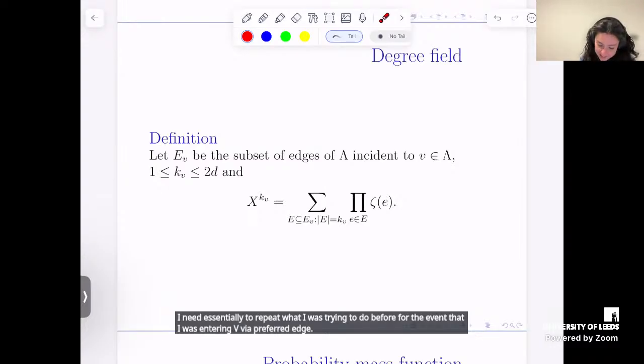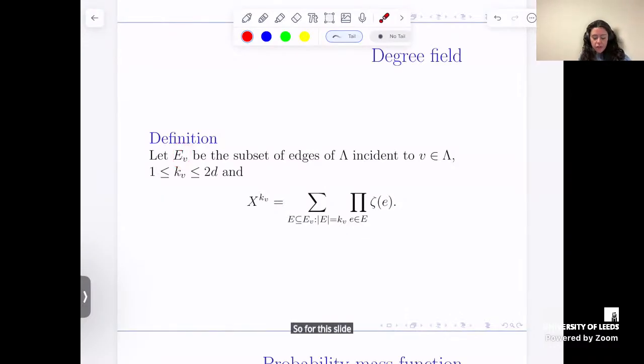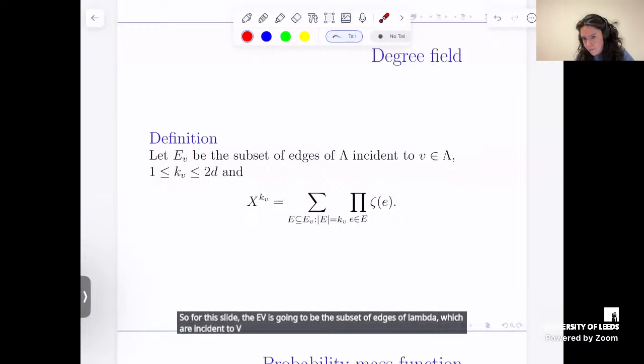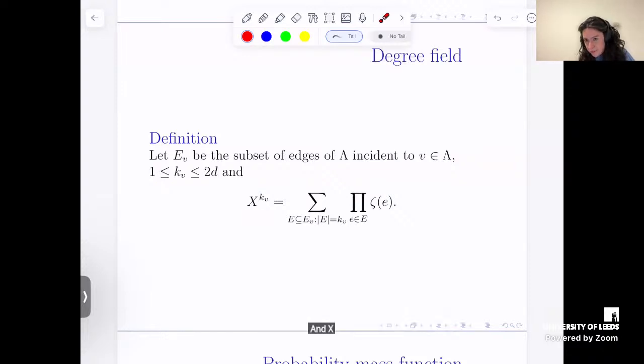So for this slide, EV is going to be the subset of edges of lambda, which are incident to V in lambda. Again, everything is embedded into ZD. KV is what the hypothetical degree in the UST at V should look like. And XV is the following Grassmannian variable.